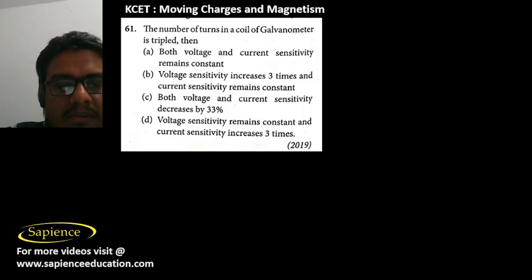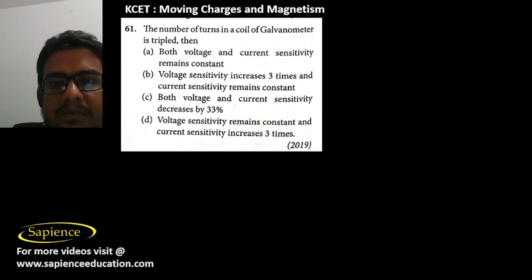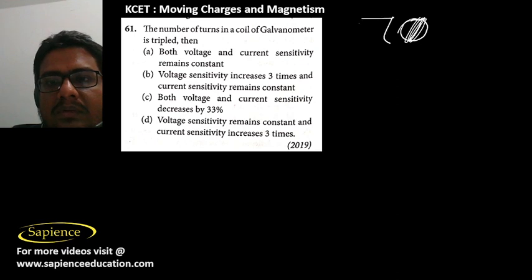Okay, then in question number 61 it is told that if the number of turns in a galvanometer is tripled, both voltage and current sensitivity remain constant. So in case of a galvanometer, it is actually like this: some wire is wound around it and an external magnetic field is there.